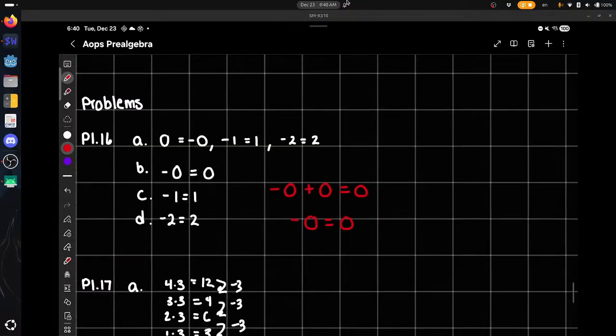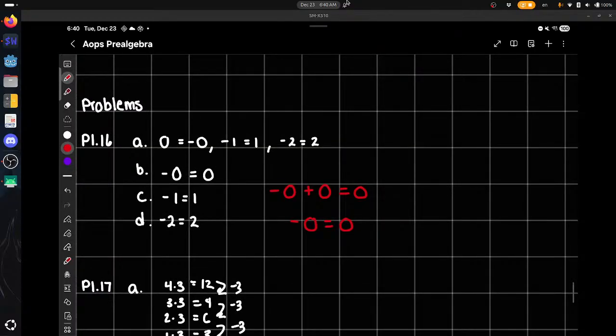Okay, and then C. Starting from 0, moving 1 unit to the right, we get to 1. So the double negation of 1, the negation of negation 1, is 1. Again, we use a definition. We know that 1 and negation 1 sum to 0.